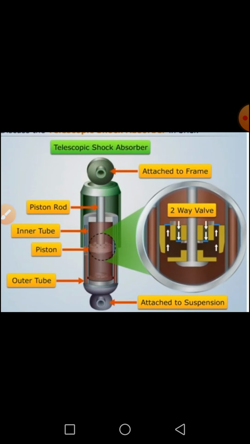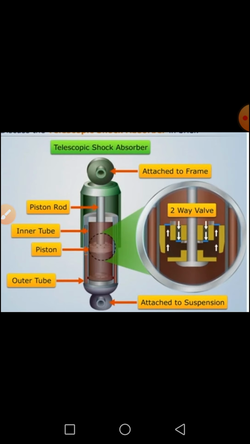Also, in the piston there is a two-way valve. That means the fluid from top and bottom of the inner tube can pass above or below the piston.